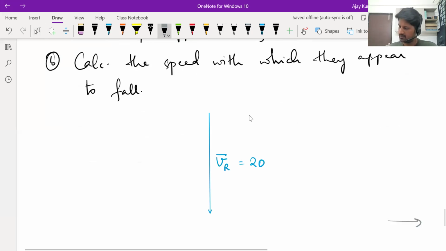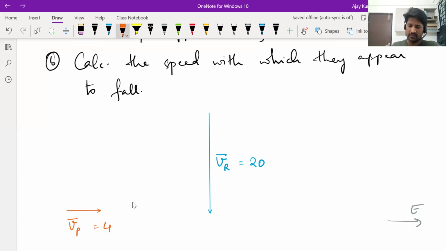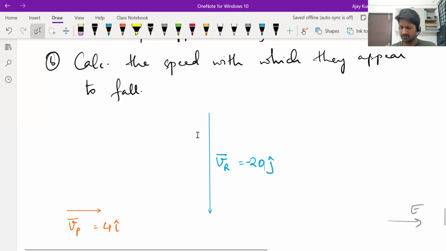Let's assume the rightward direction is east. Person is moving with a speed of 4 meters per second. So velocity of person would be this way. If you write them as vectors, this will be 4 i cap. Rain velocity will be minus 20 j cap, meters per second.